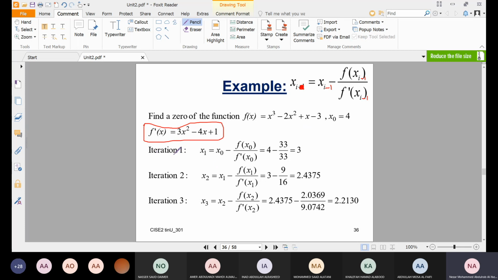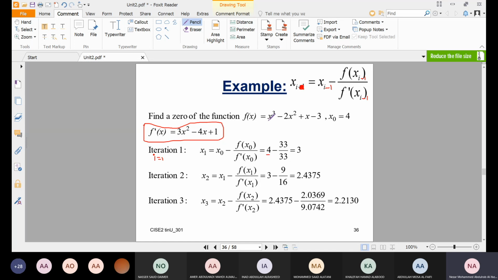For the first iteration, I equal 1. Substitute here. I have i equal 1, so this will be 1 minus 1, which is x0. I will look for the value of x0. The value of x0 is 4. The function here at x0 is 4.